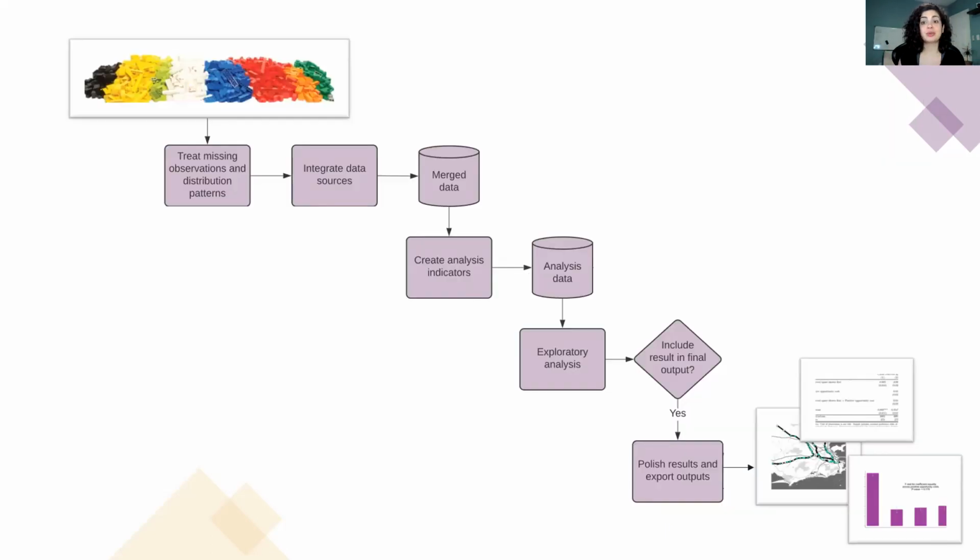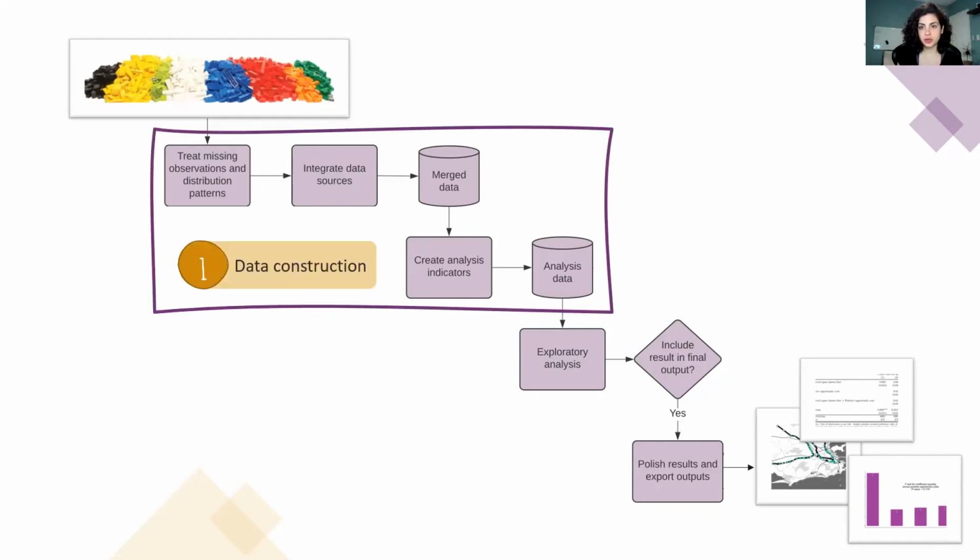This workflow can be broken down into 3 broad steps. The first one is data construction. This is when you convert your originally acquired and clean data into meaningful research indicators. It is at this step that you will make significant changes to the clean data, combining variables and data tables, converting units, aggregating observations, treating missing values and outliers, and so on.